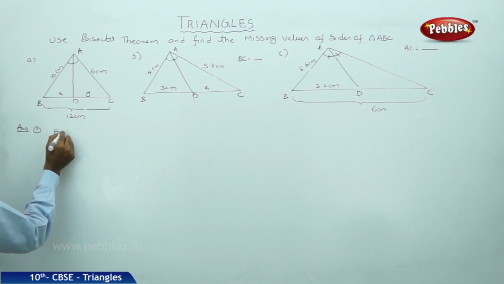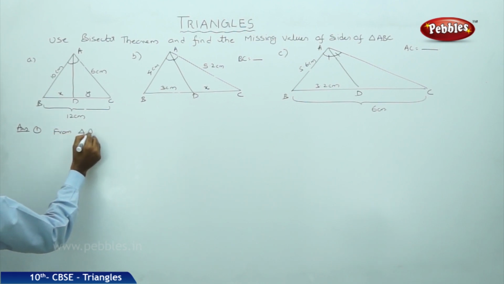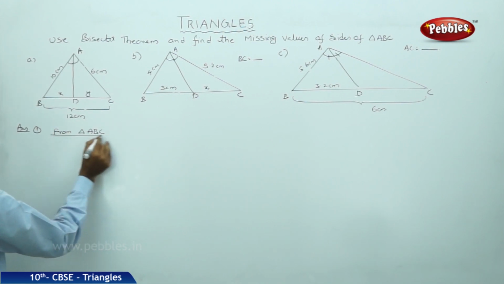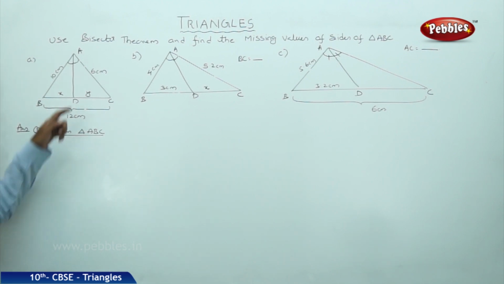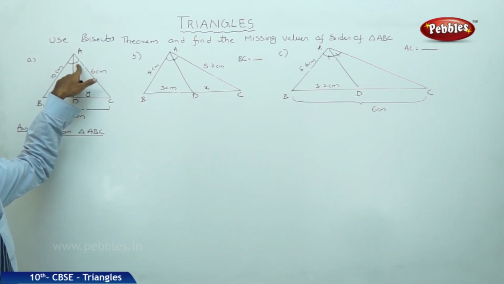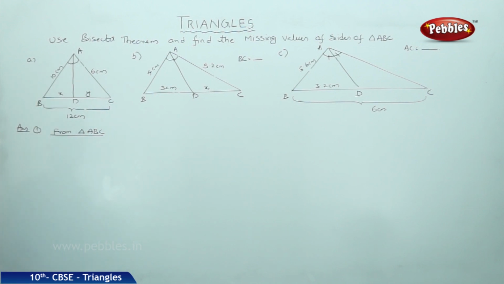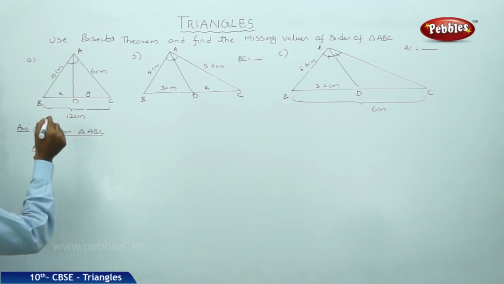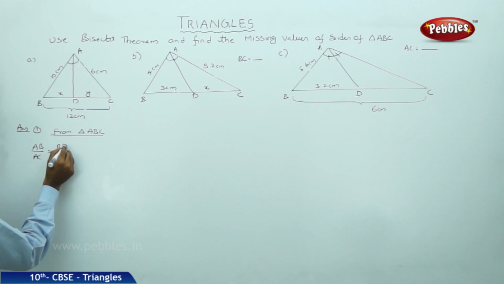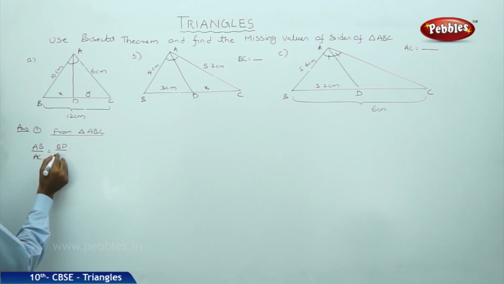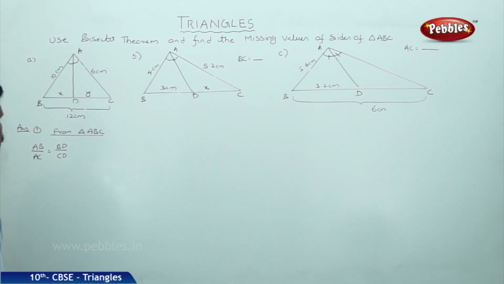From triangle ABC, the bisector of angle A divides the base in the ratio of the other two sides. That means you can write AB by AC is equal to BD by CD.